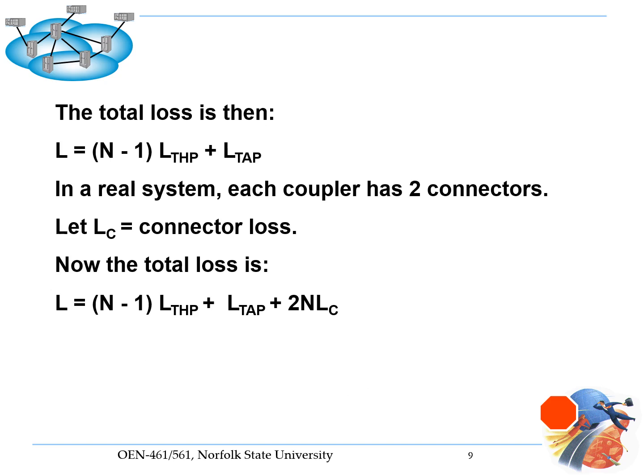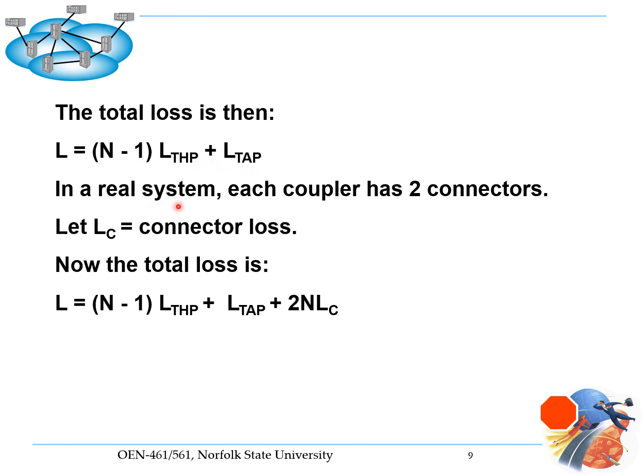Mathematically then, the total loss added will be N-2 times the throughput loss for T couplers, one throughput loss for the first directional coupler, and one tap loss for the last directional coupler. So in total, it will be N-1 times the throughput loss plus 1 tap loss.